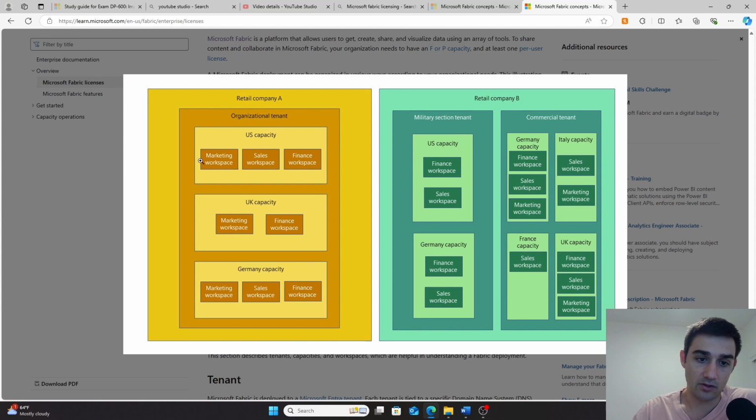Workspaces typically live within a capacity. So here, for example, we have a finance workspace and a sales workspace, and they all share that computational power, but they serve as containers or organizational folders for those Microsoft Fabric items. Also, by default, every single tenant will have its own capacity, and typically workspaces are assigned.